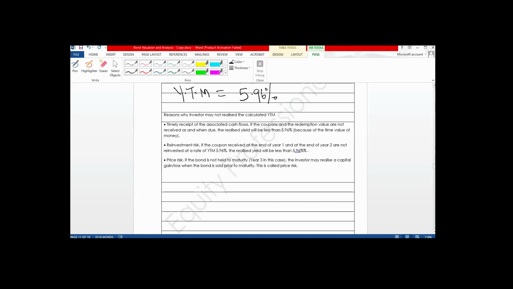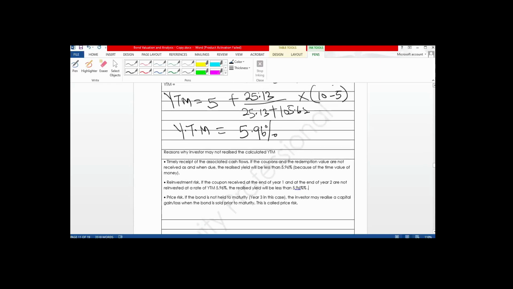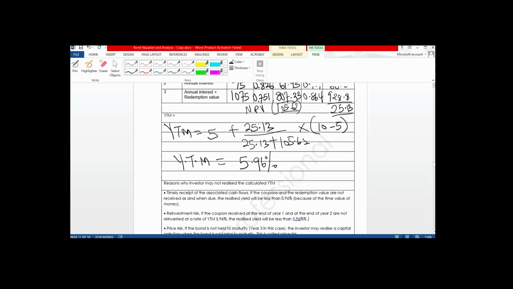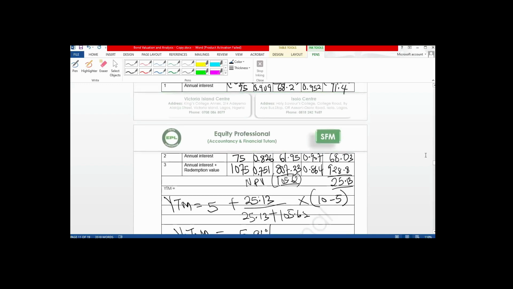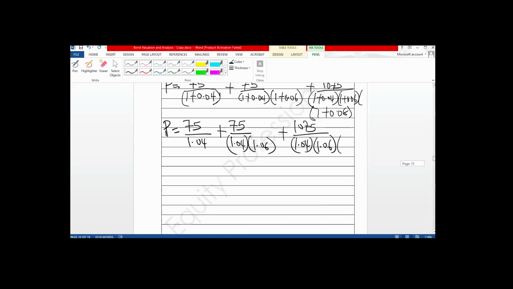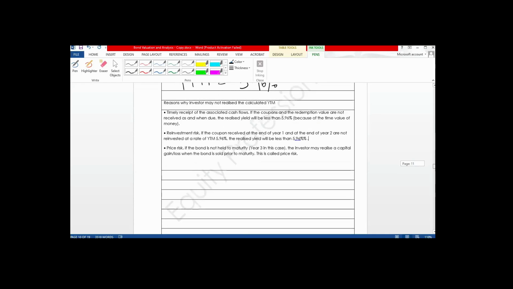because most students avoided the question. Yes, Sanusi Yusuf. Sorry, sir. My question is, the way you explained it, if the coupon is not received on time, I think it should be on timely receipt of associated calculation.